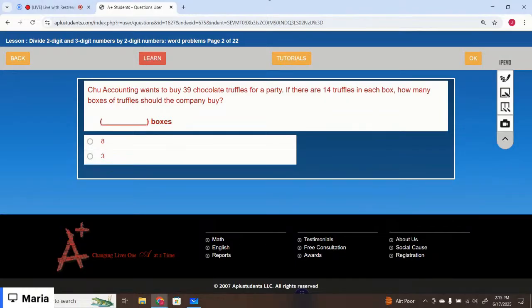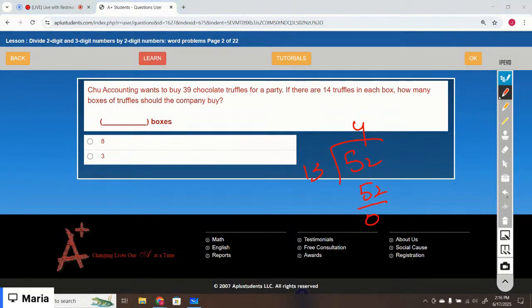A family wants to buy some truffles for a party. If there are 14 truffles in each box, how many boxes of truffles should the family buy? So we will divide 39 by 14.